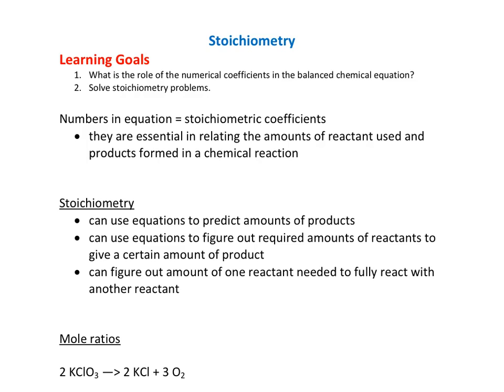And along that same note, we can use stoichiometry to figure out how much of one reactant is needed to completely react with another reactant. And so again, in terms of maximizing efficiency from a dollars and cents perspective, it's good business to completely use up both of your reactants as best you can.